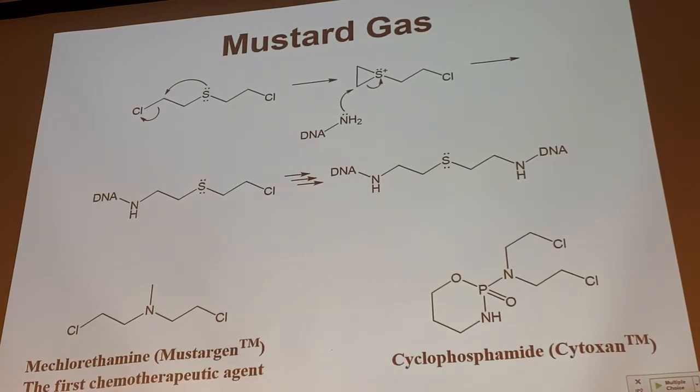Okay? So what we did, President Roosevelt ordered us to ship our mustard gas to Italy so that we'd have it ready to use. And if the Germans found out that we had it, hopefully that would be a deterrent. They wouldn't use their mustard gas because they'd know that we would retaliate. That was the idea.